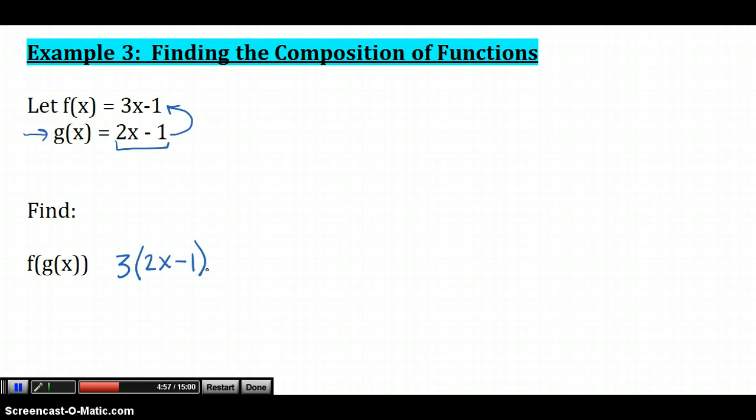And then it's very important to make sure I finish f of x. I did 3x, and instead of x I put 2x minus 1, but I still have minus 1 on the end. And now I'm done. That's f of g of x. Now if I simplify, I distribute my 3 through, so 6x minus 3 minus 1, 6x minus 4. This is f of g of x.